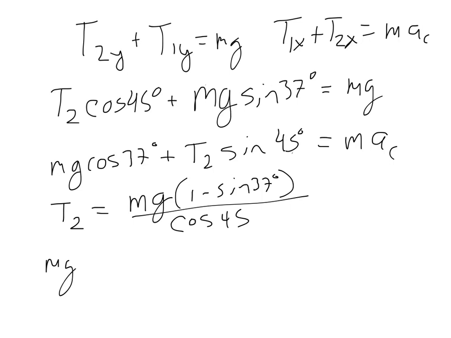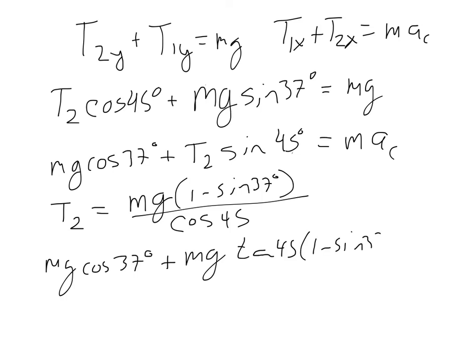So I get mg cosine of 37 plus mg tan 45 times 1 minus sine of 37 equals m a sub c. Then I can cancel the m's, and I get a sub c equals all that.